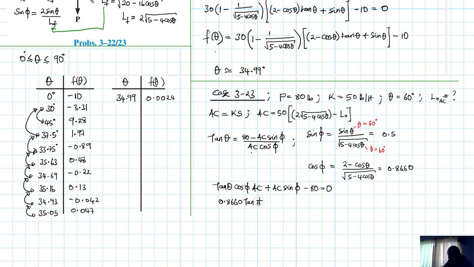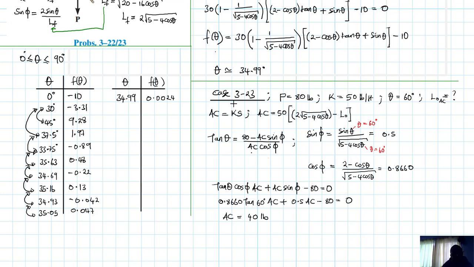We have tan 60 AC plus 0.5 AC minus 80 equal to 0. And therefore, our AC is just going to be equal to 80 divided by 0.8660 tan 60 plus 0.5. Then AC here becomes equal to 40 pounds.